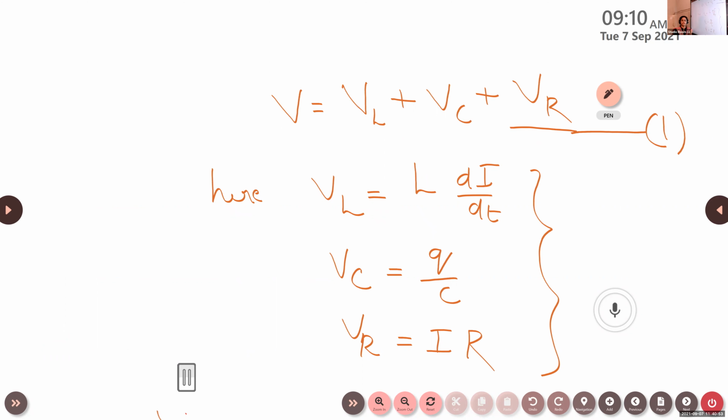According to Ohm's law, the potential difference across the ends of a resistor is directly proportional to the current flowing through it, and here R represents the proportionality constant. So VR is equal to IR.